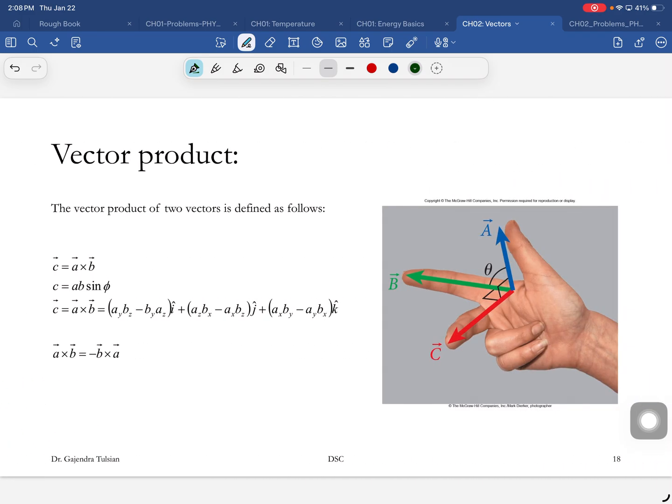Okay, so let me ask you this. Here is A, and here is B. They're parallel to each other. What do you think is the cross product of A and B? 0. Very good. How did he figure it out? Sine of 0 is 0.